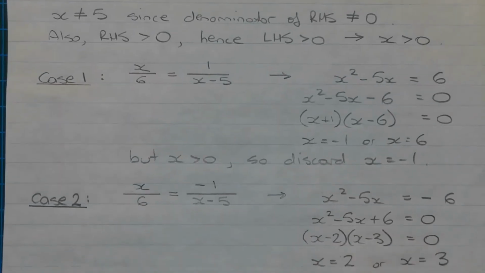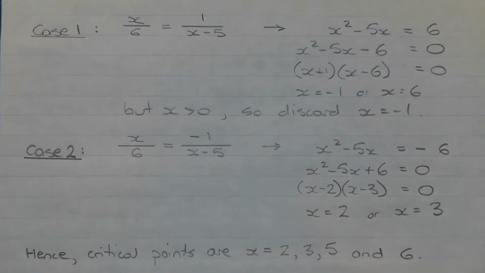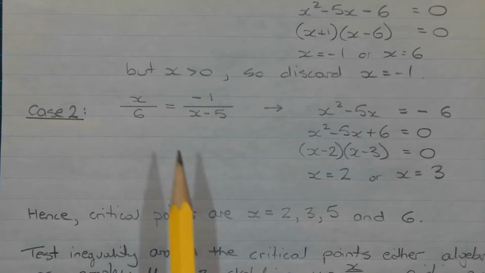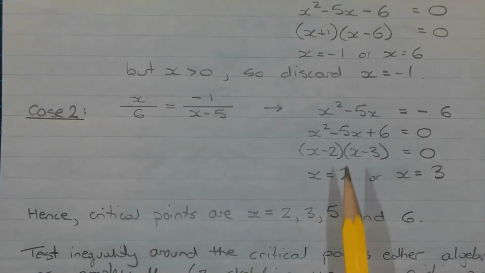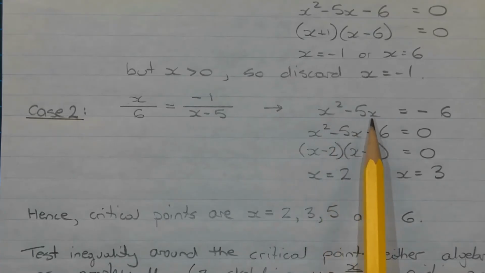Let's consider the negative case, case 2. We have x over 6 equals negative 1 over x minus 5. We'll repeat the same thing that we did in case 1. By cross multiplication, we can form the equation x squared minus 5x equals negative 6.